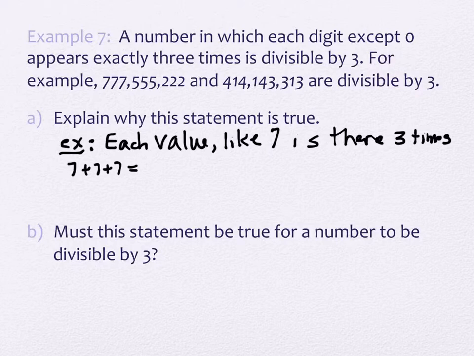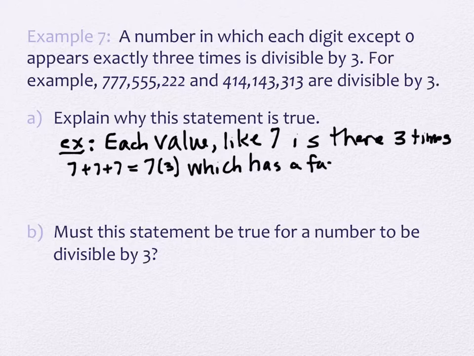And what's a shortcut way of writing 7 plus 7 plus 7? 7 times 3, which has a factor of 3. Right, so this works because of this property. I have 3 of them there, so when I add those 3 of them, whatever they are, I get the value times 3, and then it's automatically divisible by 3.